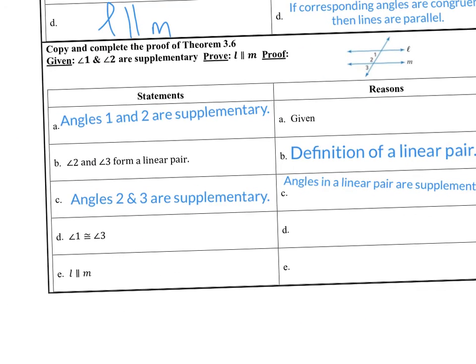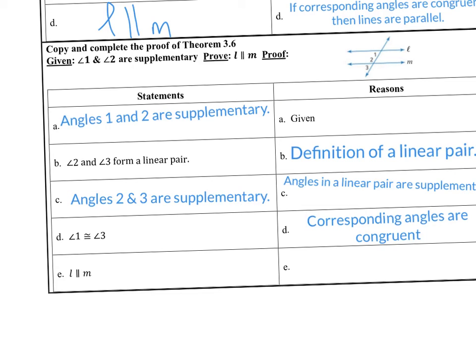So angle 1 is going to be congruent to angle 3. How do you know they're congruent? Well, look, they're on the same side of the transversal. One's inside, one's outside. So that's the corresponding angle. They're corresponding angles right there. And what do we know about corresponding angles? We know that corresponding angles are congruent when they're in between parallel lines, right?